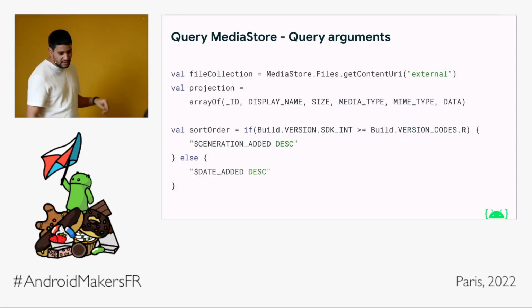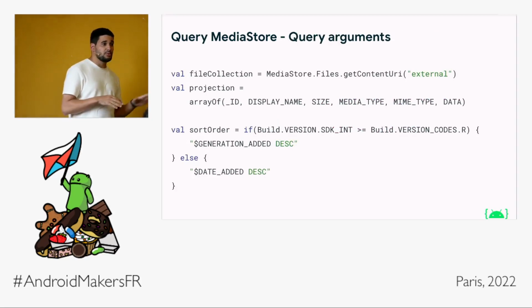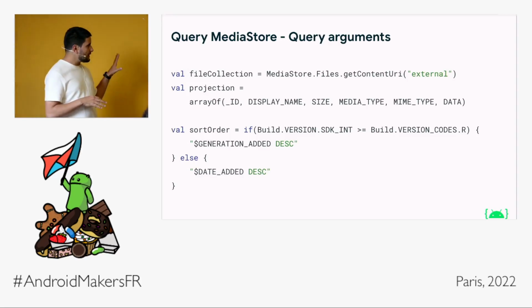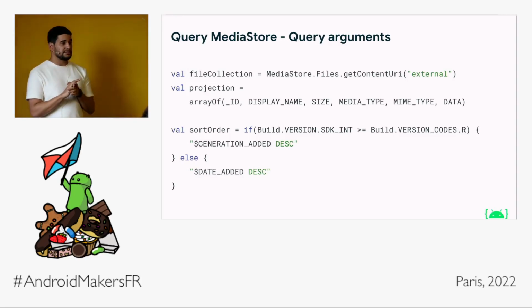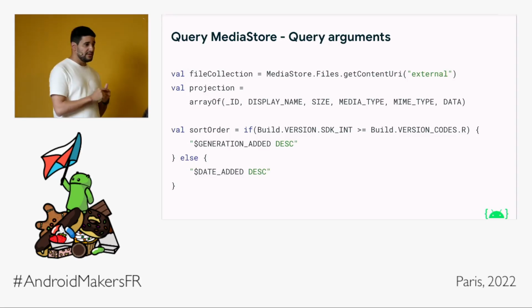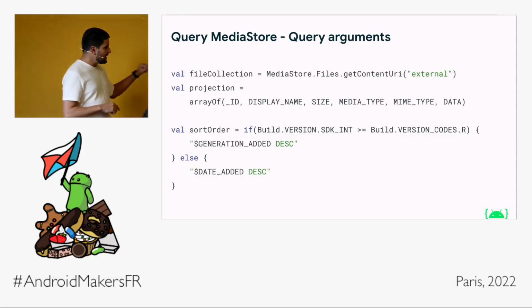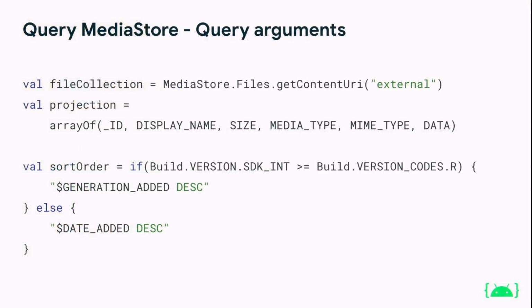So now for the query arguments, in this case, what we want is all the media files which are images or video. And in the case I'm showing below, generation added, it's from Android R. Instead of relying on when a date was added, so you know every file on the system has when it has been created, when it has been modified, but you can actually cheat that information.